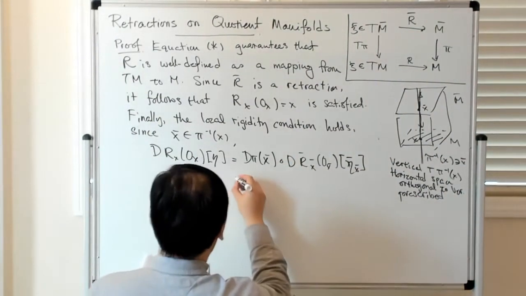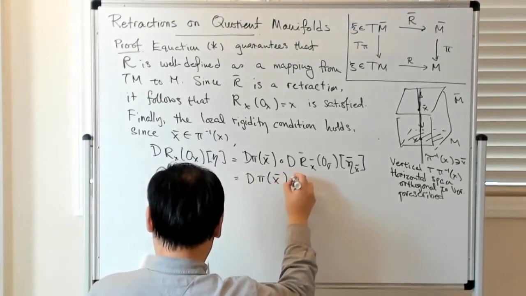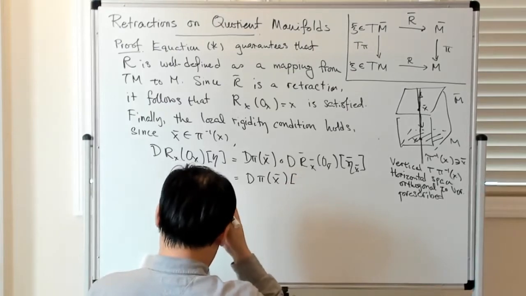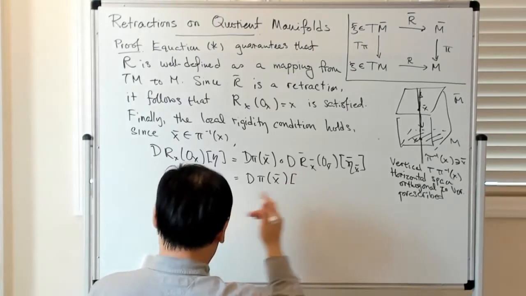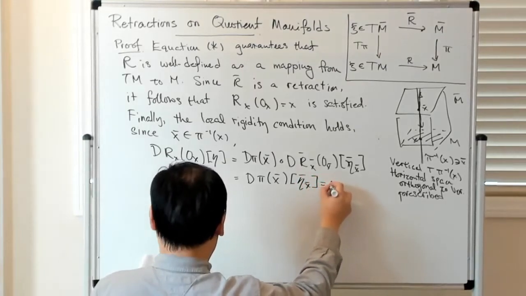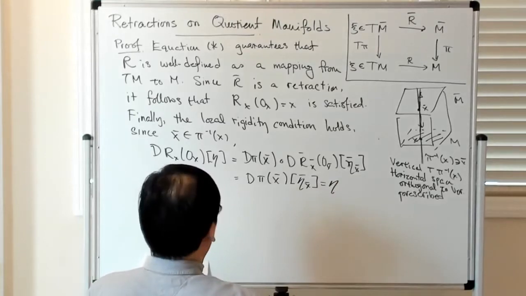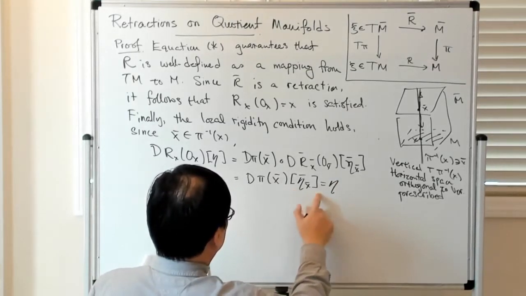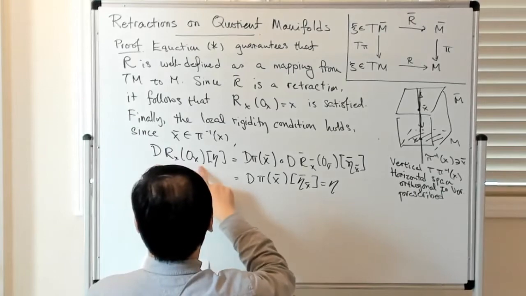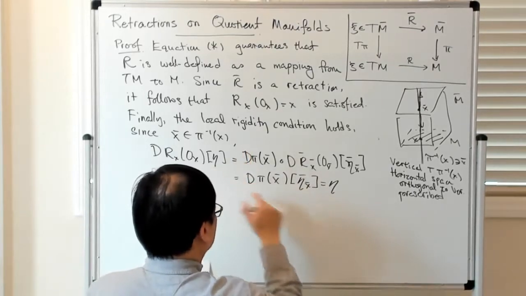Okay, and then this is equal to d pi x bar acting in this direction, which is just the original thing, right? So this is just telling you that the linearization of the retraction is the identity on vectors, more or less, right?